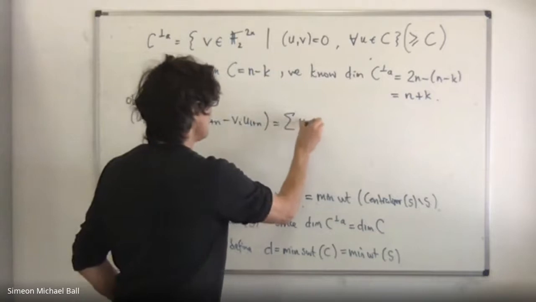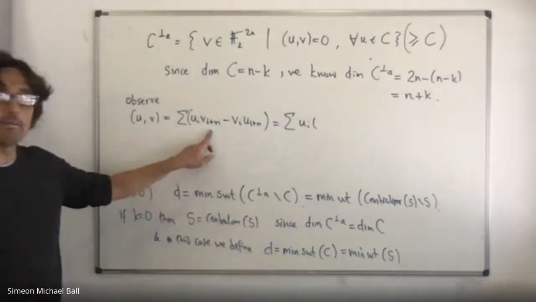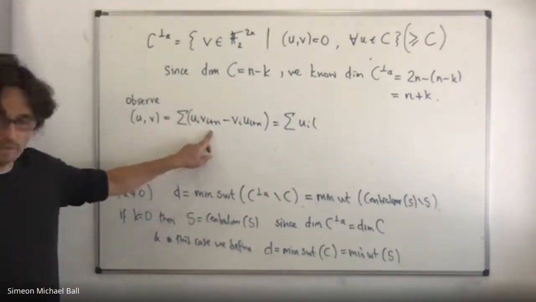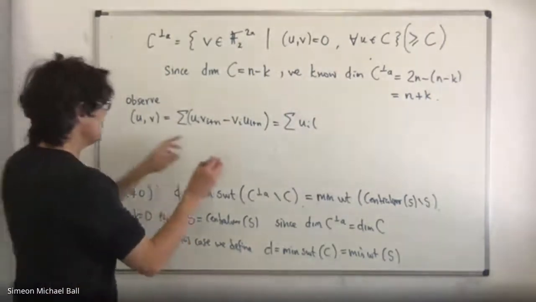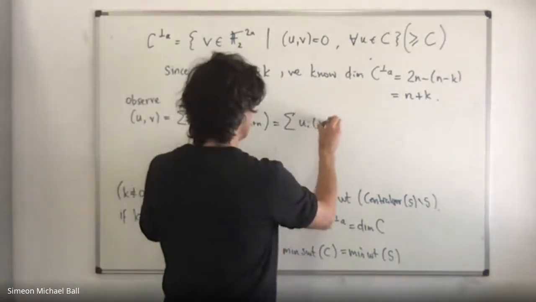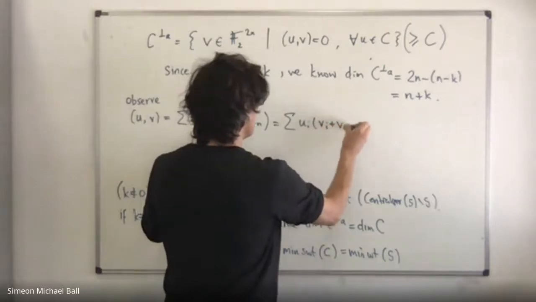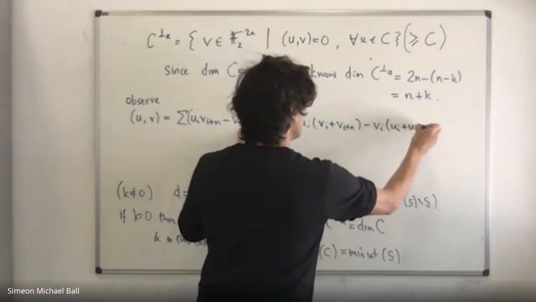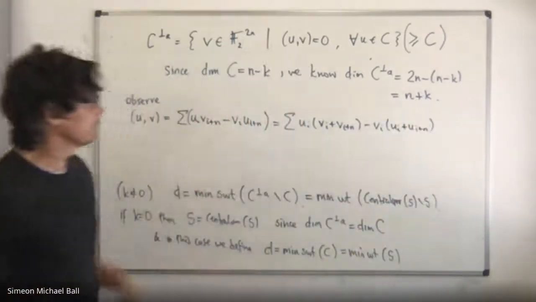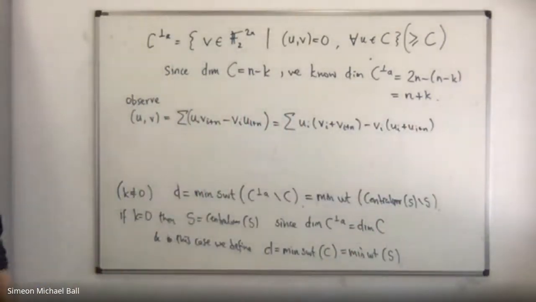What happens here if I replace v_i plus n with v_i? If I replace this here with v_i plus v_i plus n, and then u_i plus n, absolutely nothing, right? All I've done is add something to make the same thing, so nothing changes.